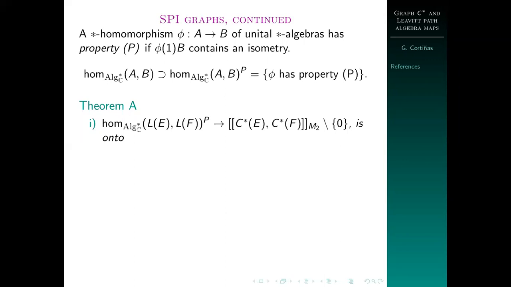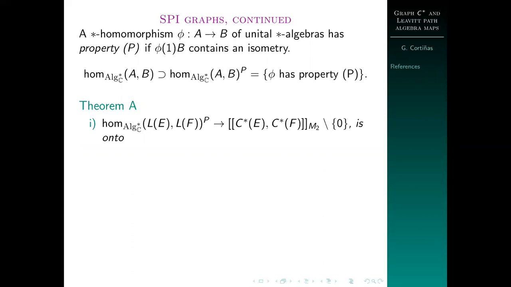In other words, there is a projection smaller in the projection order than phi(1) that is equivalent to the identity. So, for example, if phi is unital, then it does have that property. In the language used in Blackadar's book, for example, this means that phi of 1 is a very full projection.